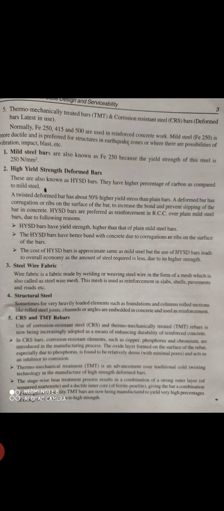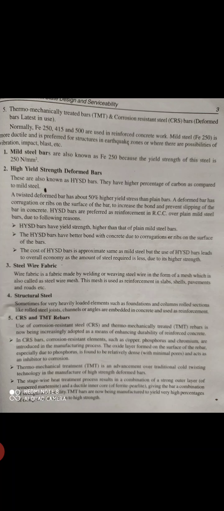During the manufacturing process, the oxide layer formed on the surface of the rib bar, especially due to the phosphorus, is found to be relatively dense, with minimum porosity, and acts as an inhibitor to corrosion.